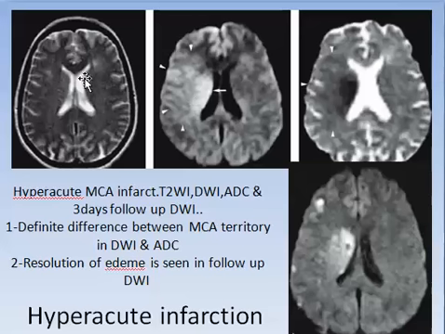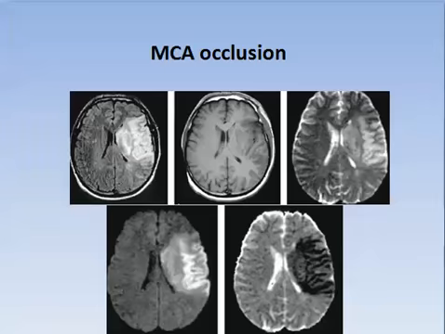In T2 weighted images it may be difficult to see any change in hyperacute infarct. This is middle cerebral artery occlusion, and here we have the FLAIR.